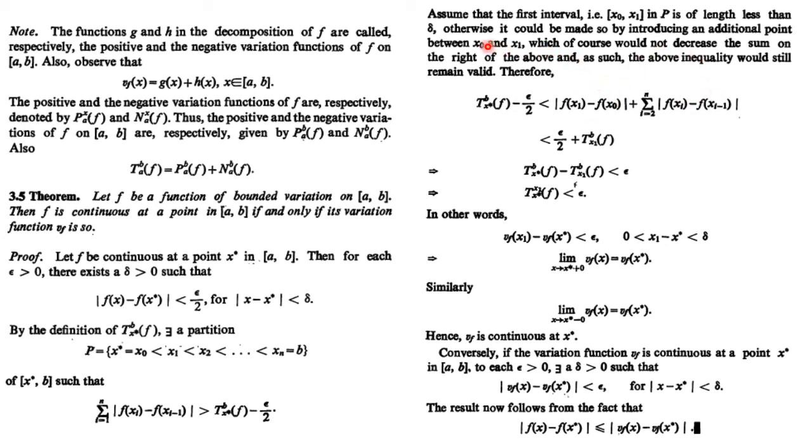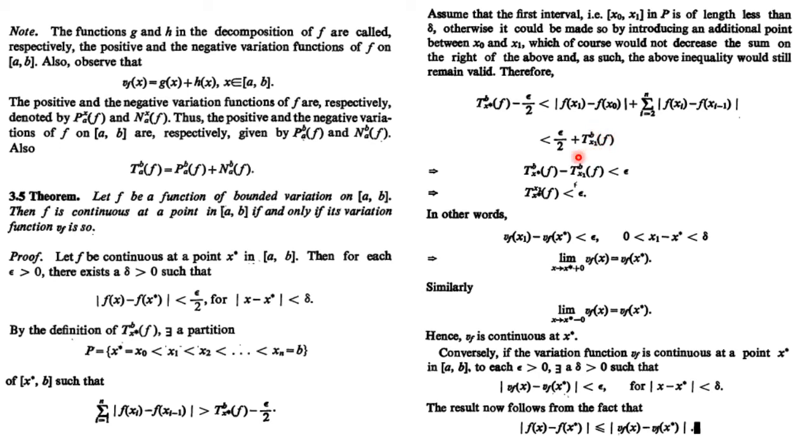Now since x0 minus x1 is less than delta, by the definition of continuity, this is less than epsilon by 2. So substitute the value of this over here. So this is less than epsilon by 2, and clearly this is less than the total variation of the function f over the interval x1 to b.